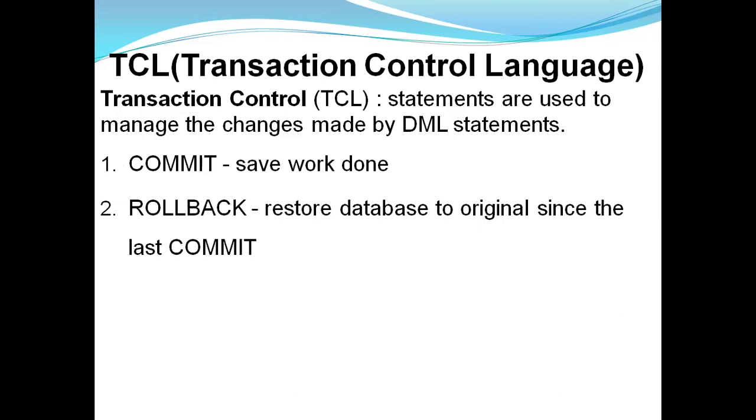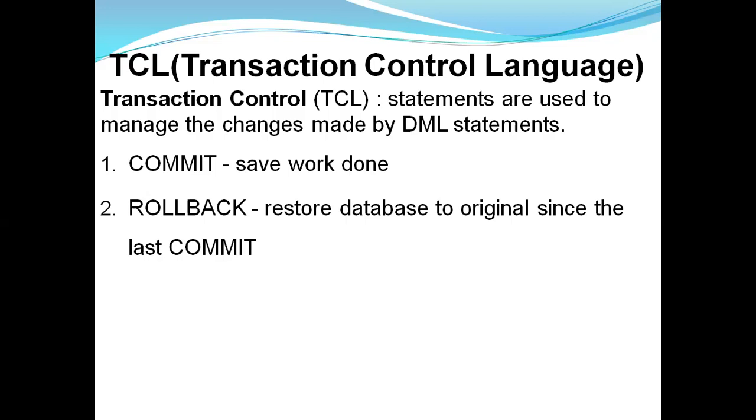Commit and rollback. Now, one thing has to be clear in the mind, that each and every DML statement which is not supported by commit is inconsistent. Simple, that is not saved. If you want to understand, you can just visualize your Word document.